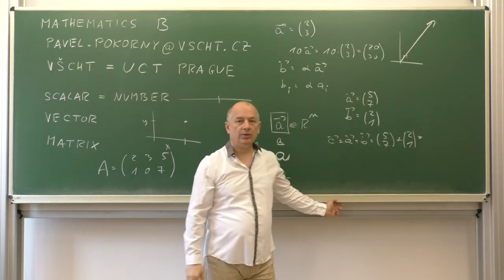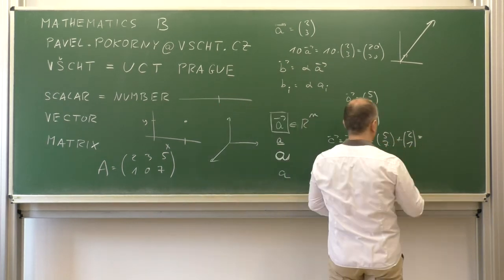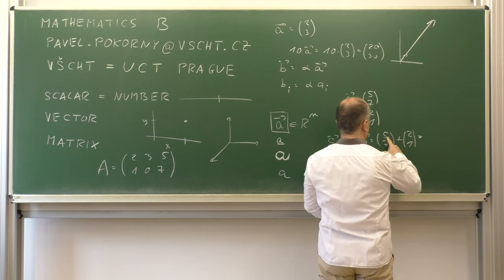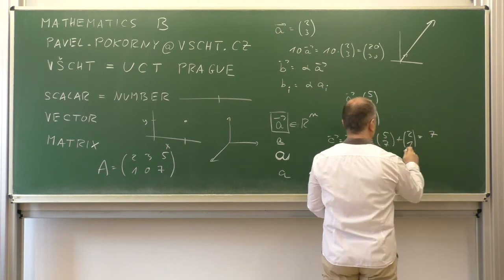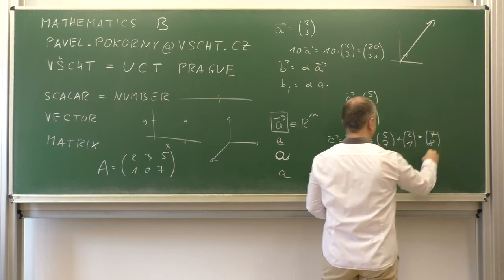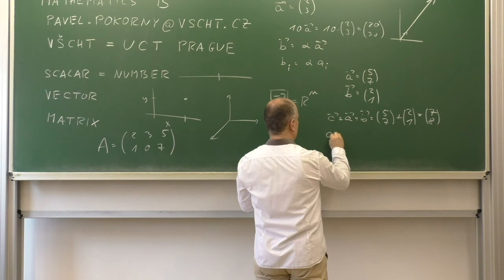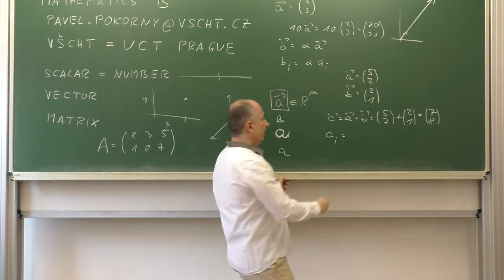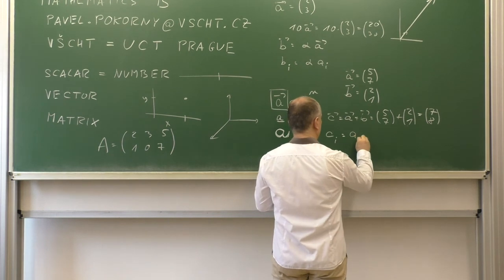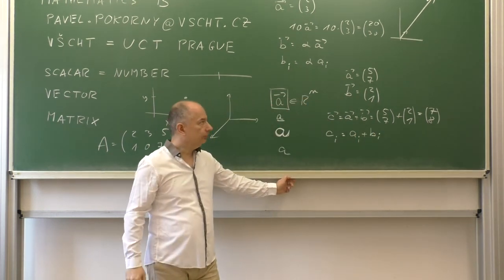And the addition is simply defined component-wise. That means we sum the first components: 5 plus 2 is 7, and 7 plus 1 is 8. In general, if C is A plus B, then the ith component of the result is just the sum of the corresponding components of the two vectors.